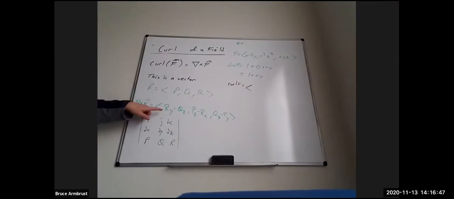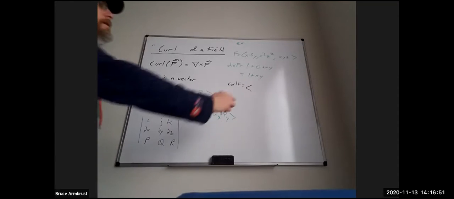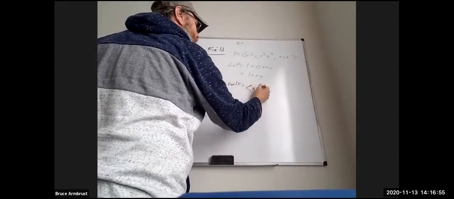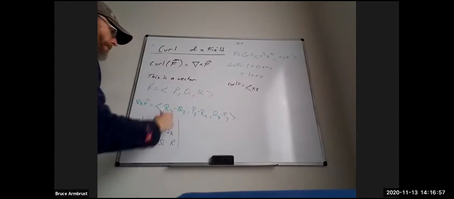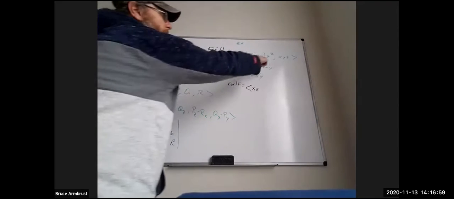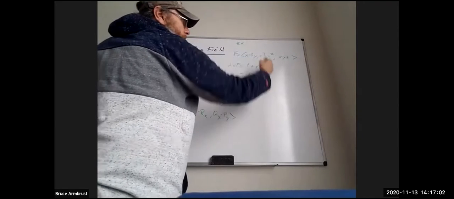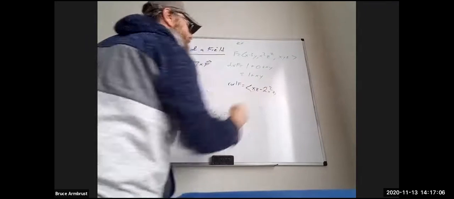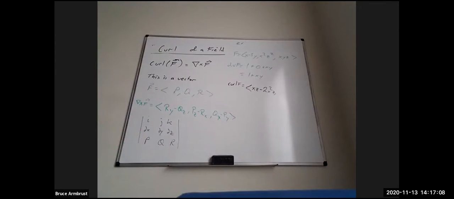For the first component, we need ry minus qz. So ry was xz. And then qz, that's this guy, was 2x squared z. All right, so that's the first component.